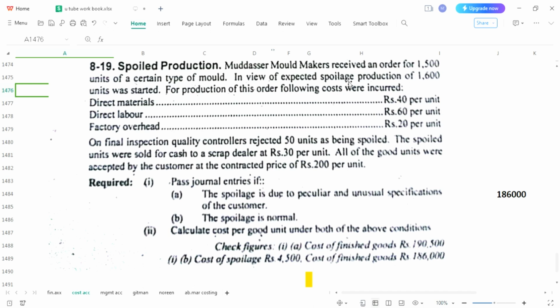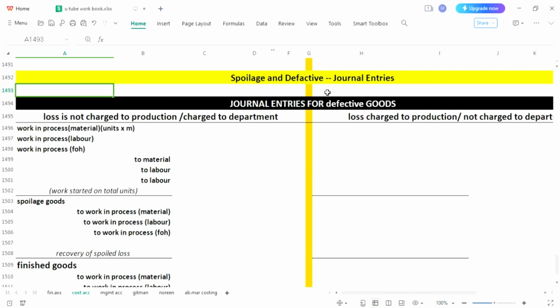So instead of worrying at the time of delivery of those units, they produce more units than the order. You can see they have received an order of 1500 units, but in fear of spoiled production they have produced 1600 units. So these are the total number of units, and this is what we need to put over here.